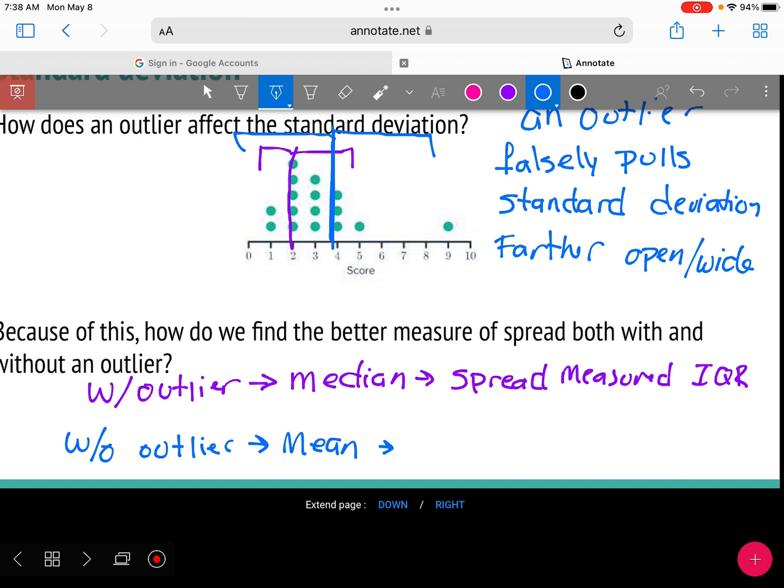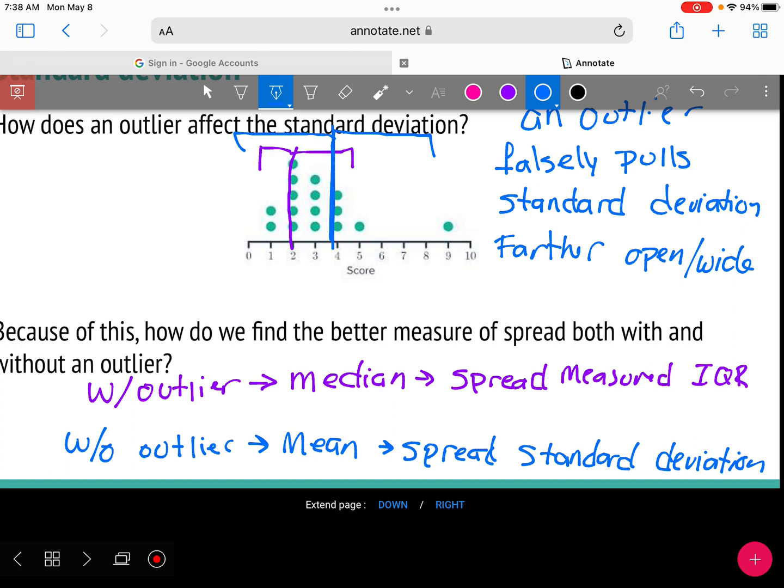So if we're using our mean, we're going to measure spread with standard deviation. So if there's an outlier, we use median and IQR. If there is no outlier, we use mean and standard deviation. That is 100% the difference between these two.